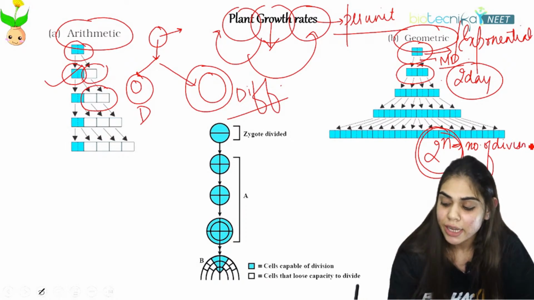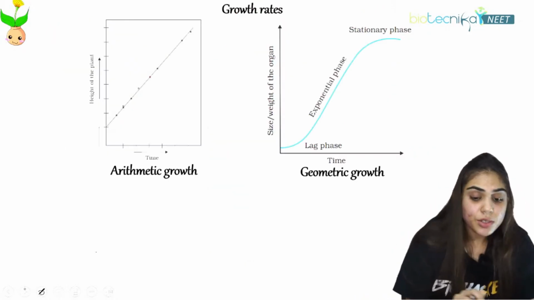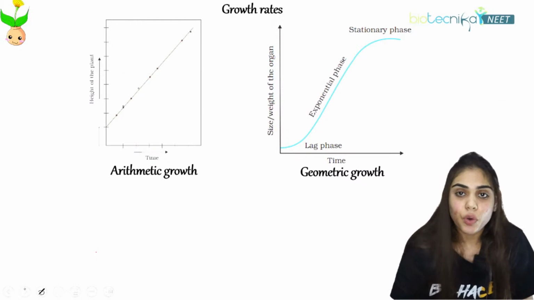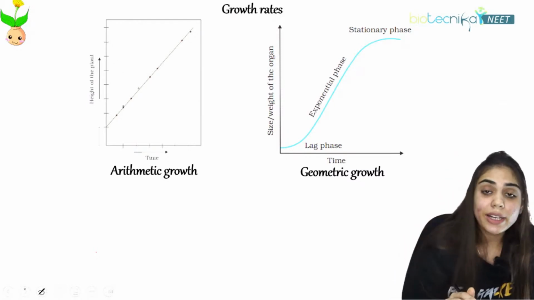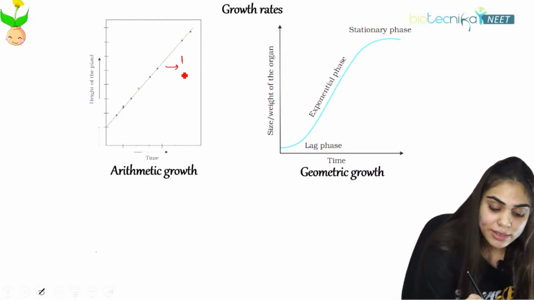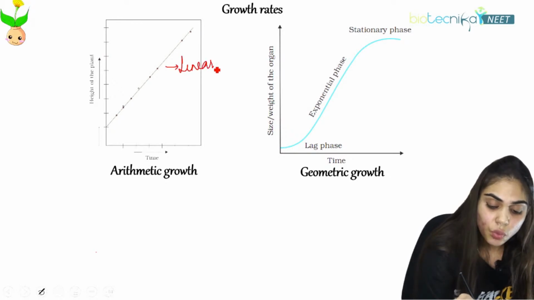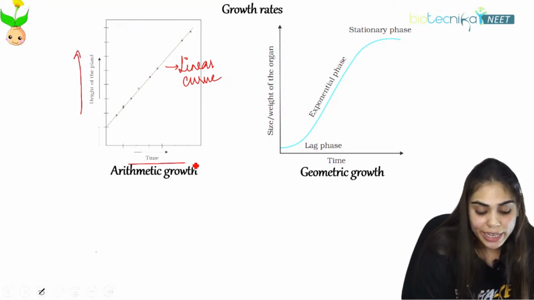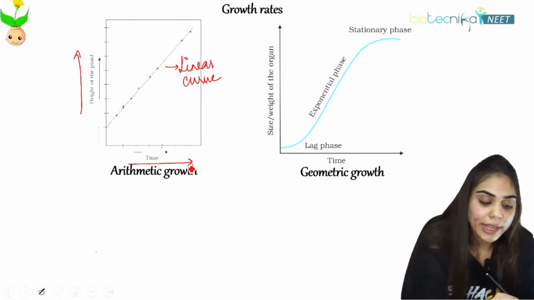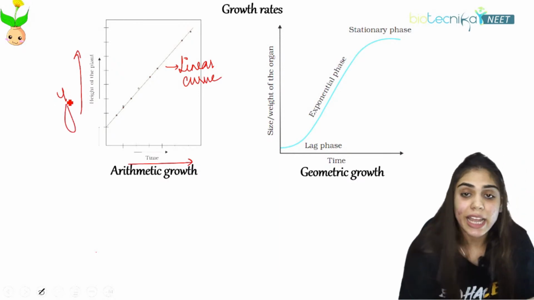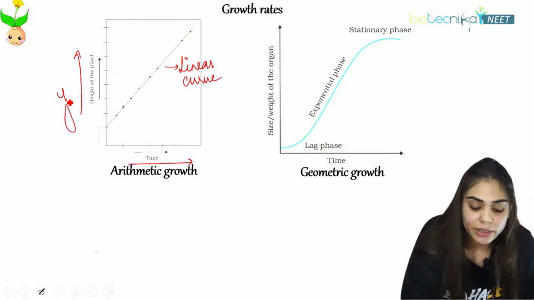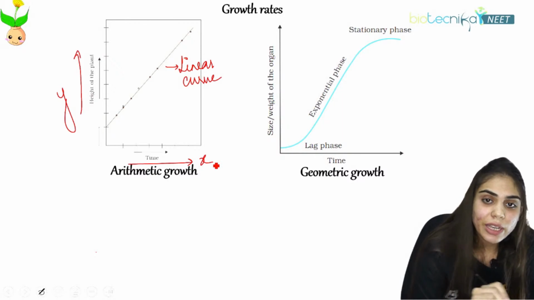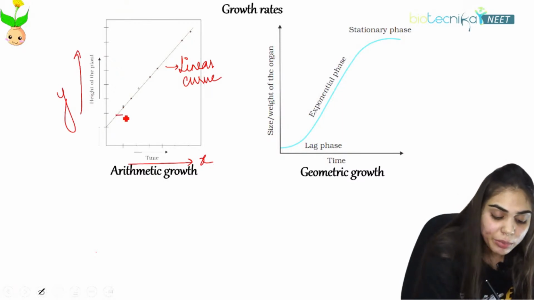So now let's see how this is taking place. If I plot the graph for the arithmetic growth, we'll get a linear curve. Why are we getting the linear curve? Because when we are measuring the height of the plant with time, we are taking the height of the plant on the y-axis and the time, the variable factor, on the x-axis. As the time increases, the height of the plant also increases.